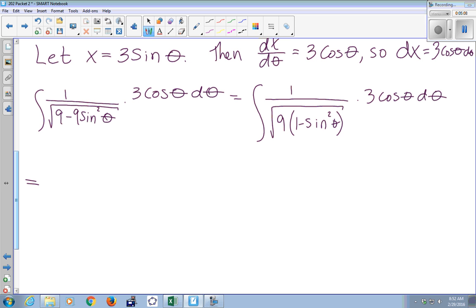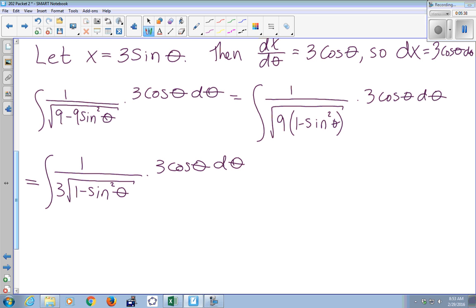Once you do a lot of these, you can start to do several steps in your head, but I'm going to write this down in minute detail for the first time, okay? What is the square root of 9? 3, so I can pull that out of the radical, right? So this becomes 1 over 3 times the square root of 1 minus sine squared theta times 3 cosine theta d theta.